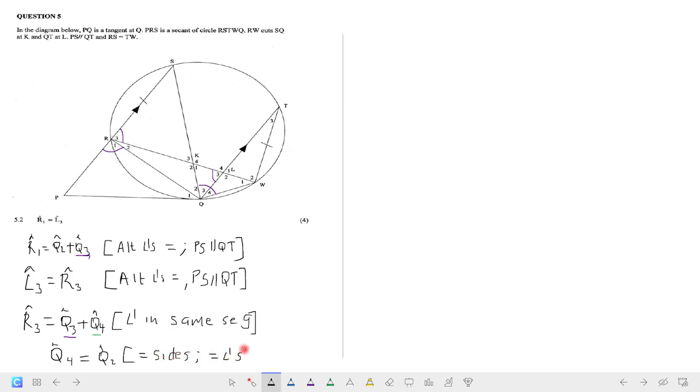And so R3 is going to be Q3 plus Q2, or you can write it as Q2 plus Q3. So if R3 is Q2 plus Q3, and we know that R3 is the same as L3, it means L3 is also Q2 plus Q3.